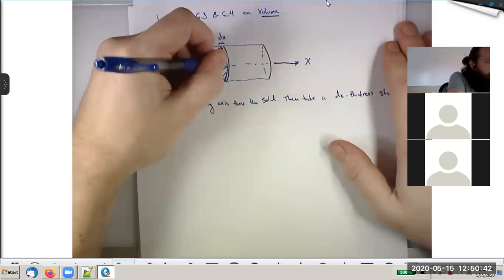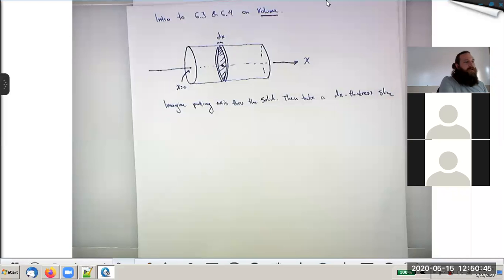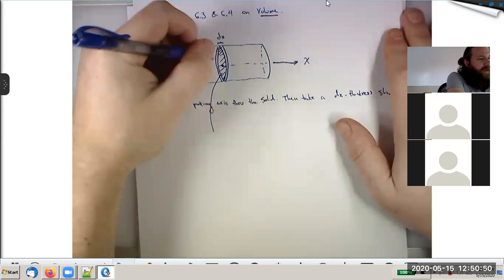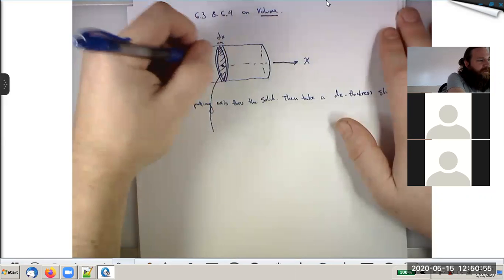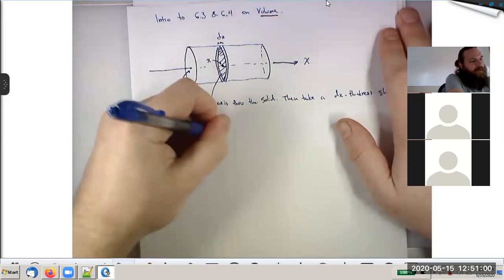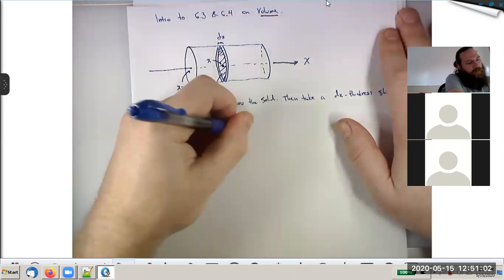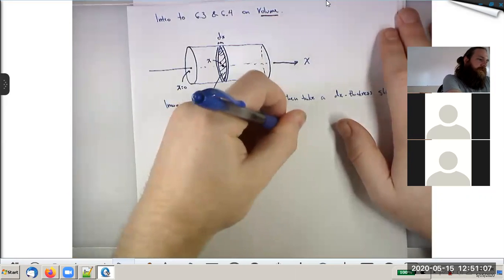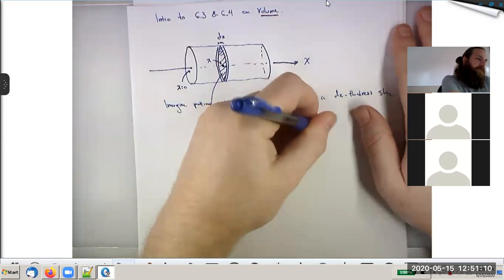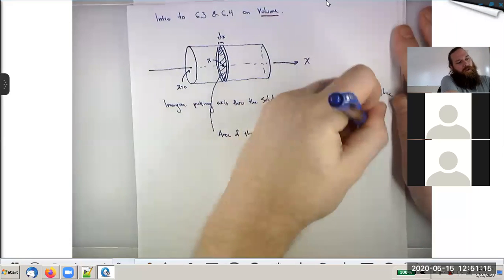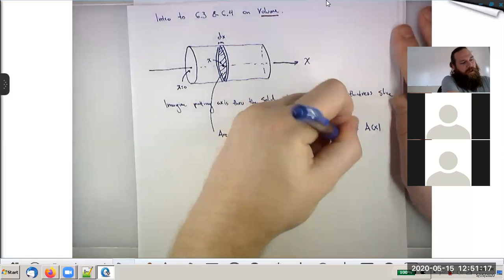At each point along that axis, there's an area. So I'm doing this at say just x, right? The slice is taken at x and is of thickness dx, then that area of the cross section of the slice, I call that A of x, the slice at x.